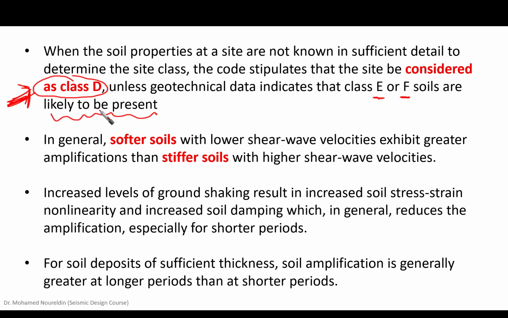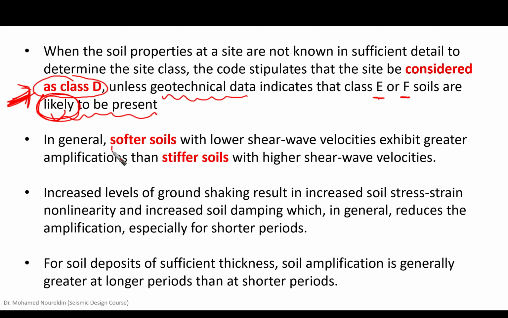In this case, take care that you need to go with the geotechnical data. It is likely, okay, that this is important. They are not sure, but if you do not have any information, then you can assume it as class D.